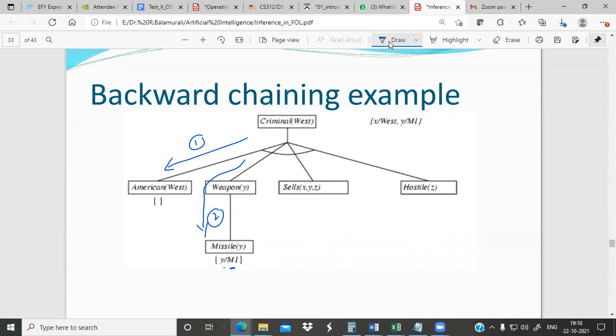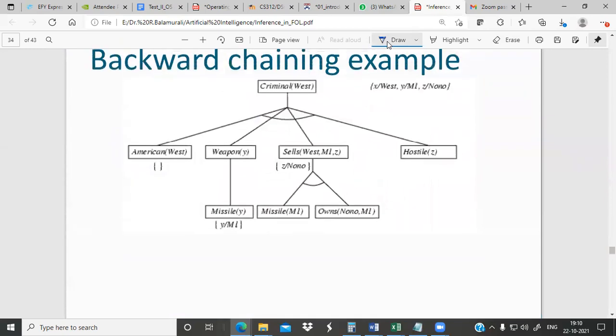Now we'll go to the next branch. At this point we already know what X and Y are. So X we replace with West and Y we replace with M1, hence we get Sells(West, M1, Z).